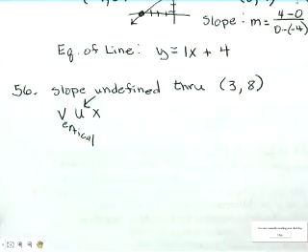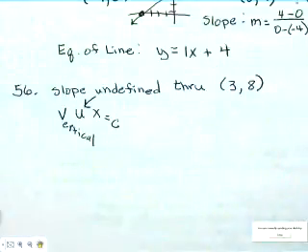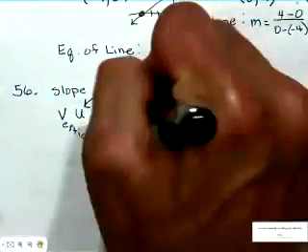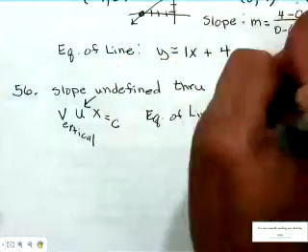It's x equals something, and if it's going through the ordered pair 3, 8, what does x have to be? Yeah, the equation of the line is x equals 3.